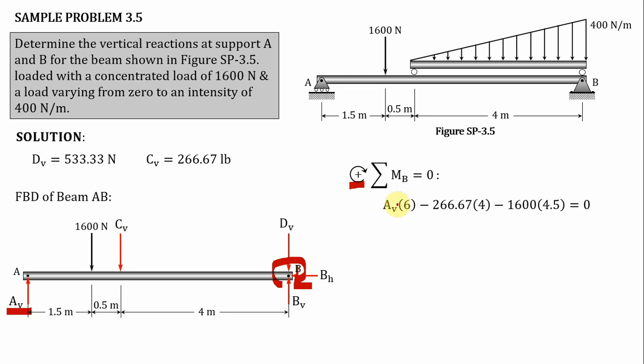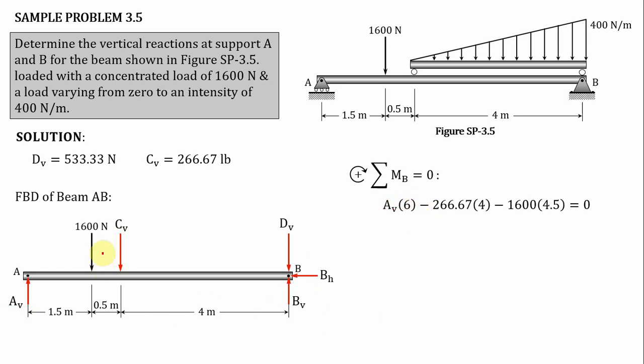That's why positive yan. So positive times the force AB is unknown. What is the moment arm class? Yung moment arm natin, that is 1.5 plus 0.5 plus 4 meter, and that is equal to 6 meter. Okay, so that's why AB times 6 meter.